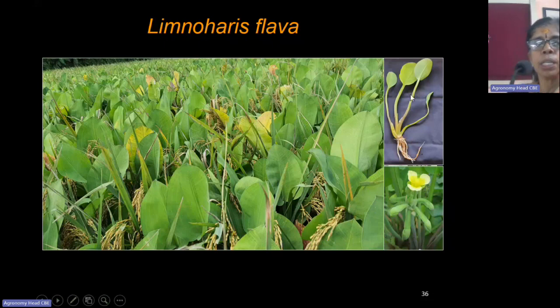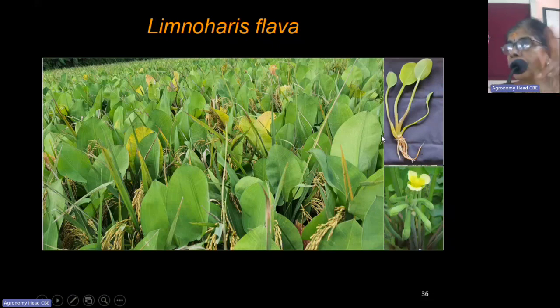At the two leaf stage, when it is a seedling, you can see small two leaves. At that stage, if you spray a herbicide like penoxsulam plus butachlor, or penoxsulam plus cyhalofop, along with a sticker, here also the leaves are very cuticular or waxy.